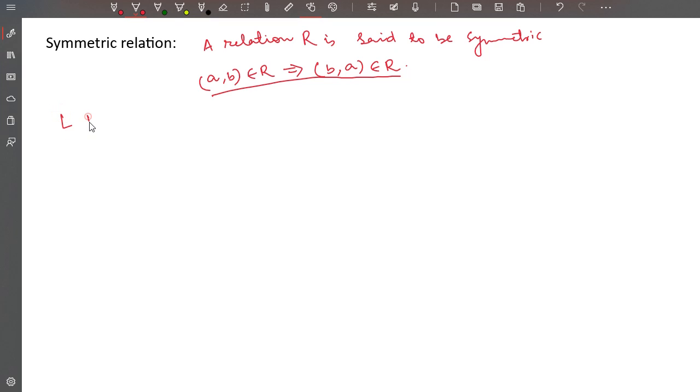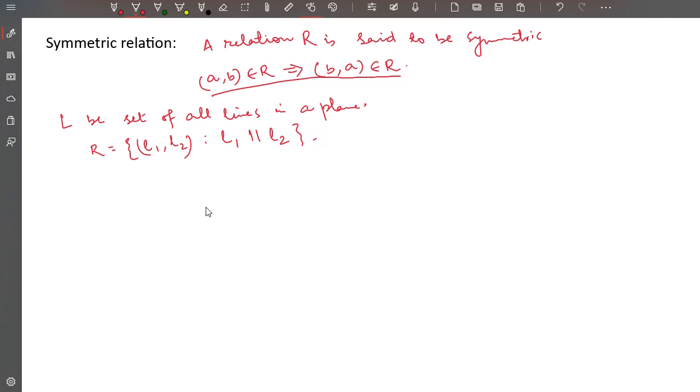Let L be the set of all lines in a plane. R is defined in L by (L1, L2) such that L1 is parallel to L2.